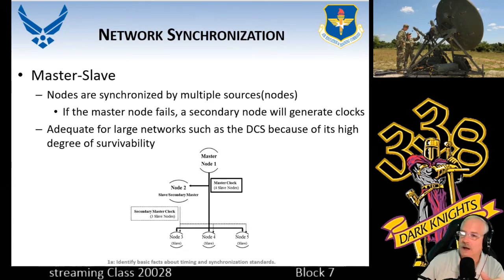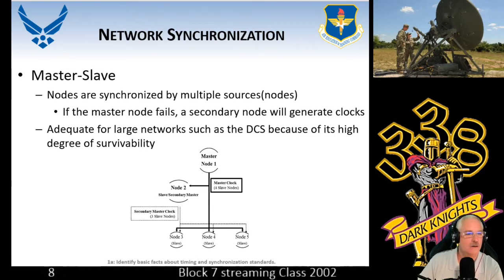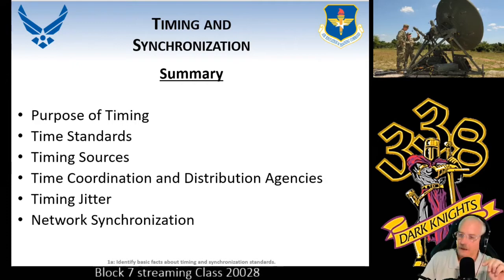So it just gives you an idea of how timing is really important to everybody. It actually governs our day-to-day life, especially if you have computers or a phone, because you're constantly pulling the time off of it. So we've gone through purpose of timing, timing standards, timing sources, time coordination, distribution agencies, timing jitter, and network synchronization. Are there any questions at this time?